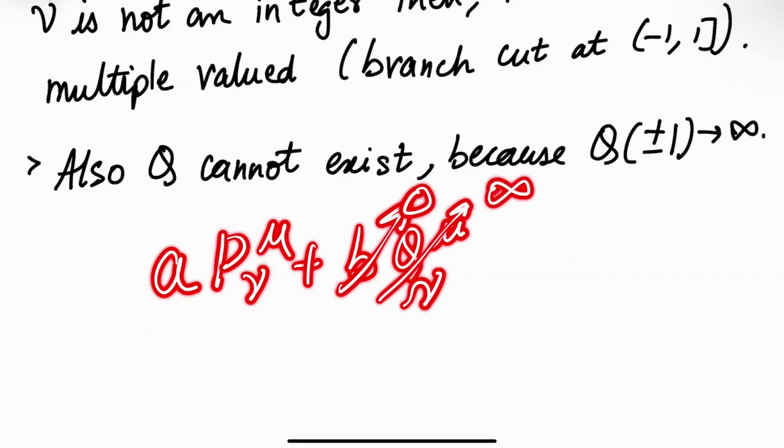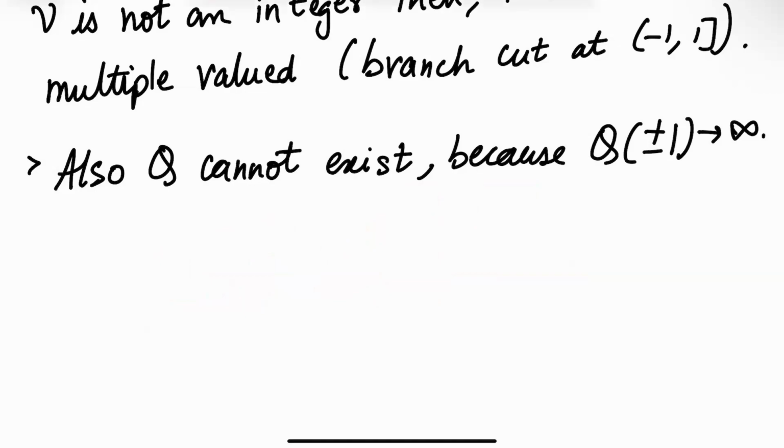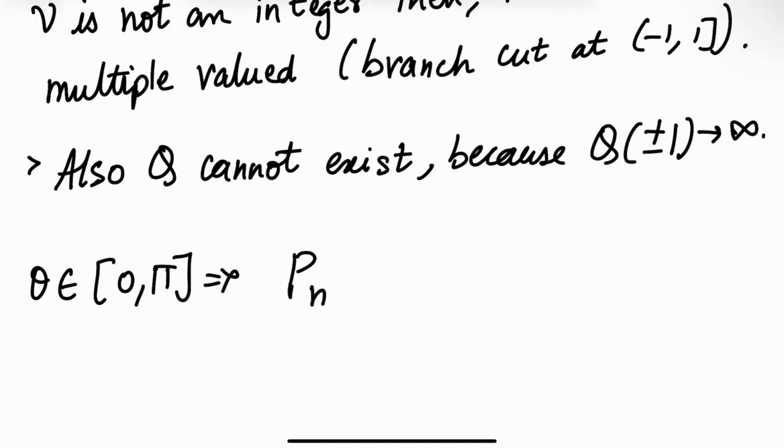That's the reason Q cannot be an admissible solution. So whenever theta includes the entire domain, theta belongs to 0 to pi, this implies P nu mu of cosine theta is the only admissible solution.